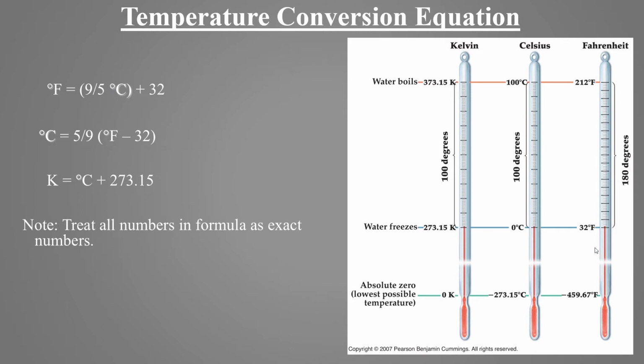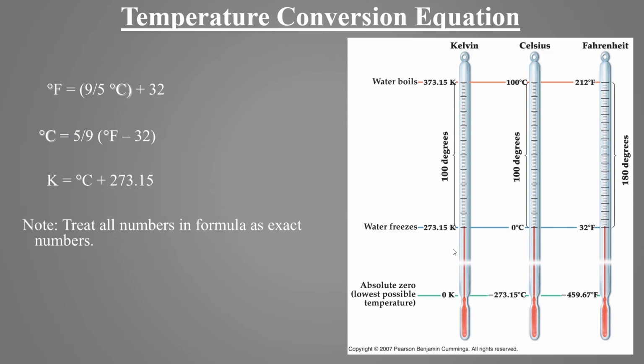We also have to take account for this 32 degrees discrepancy, and this will give us this formula to convert Celsius temperature to Fahrenheit temperature. And we can rearrange this to convert Fahrenheit temperature to Celsius.